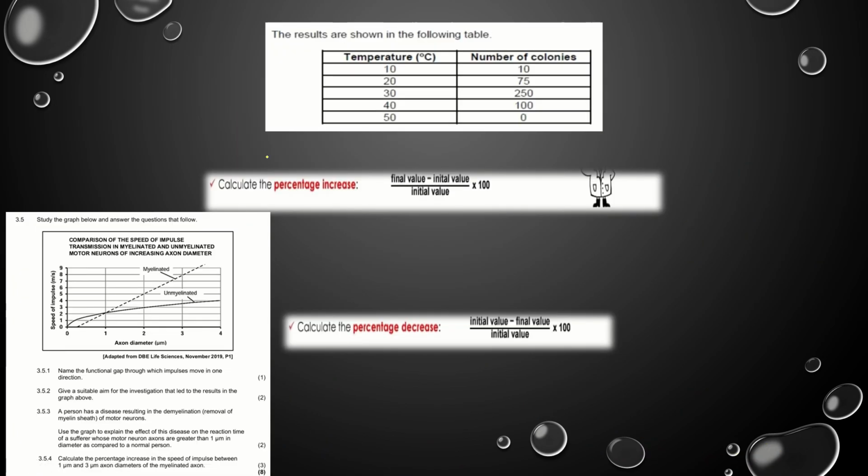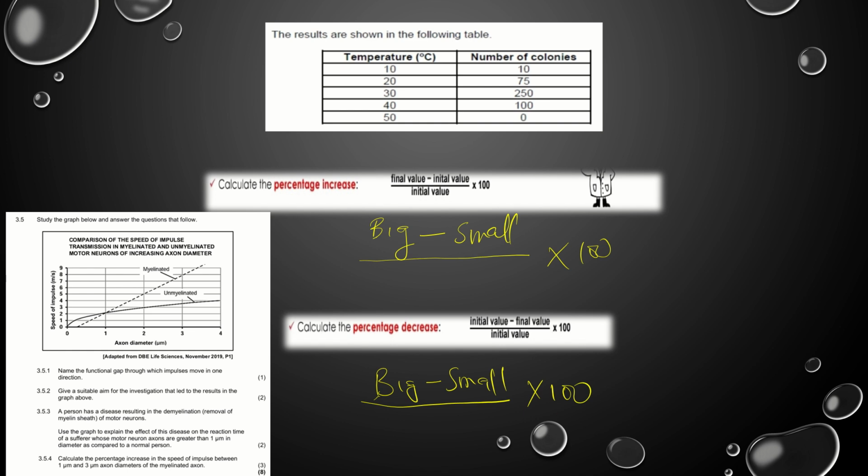And then let's proceed. Now we have two things: percentage increase and percentage decrease, what I love most. With those two, you say big minus small, then you divide by something, and then you multiply by 100. That's the interesting part: what is it that you divide by?